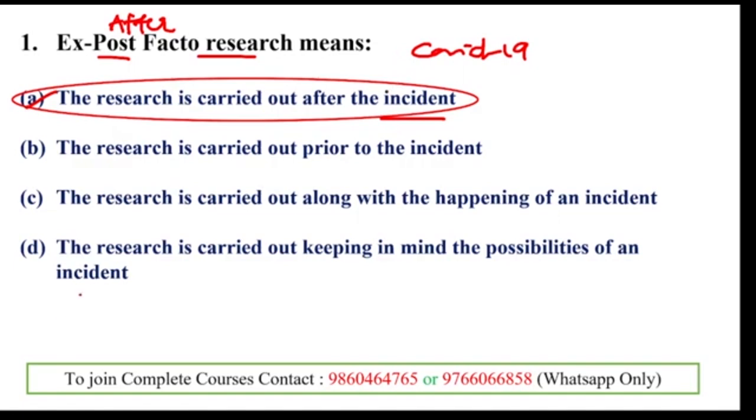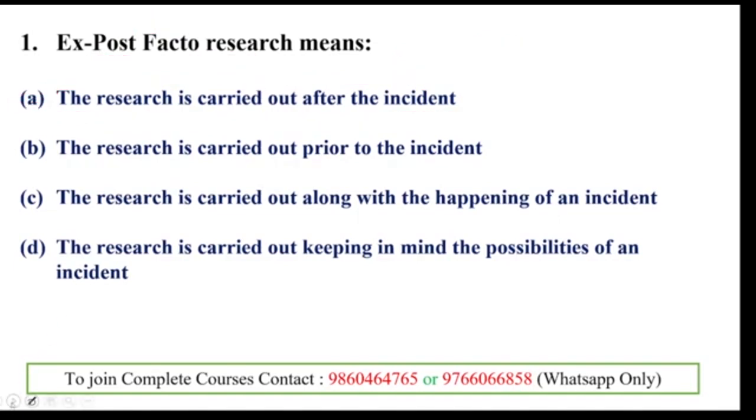Clear? And next question, ex post facto research means a type of research conducted after the incident. So here the word post means after. Option A is the right answer.